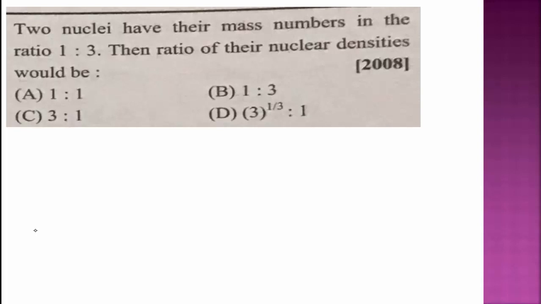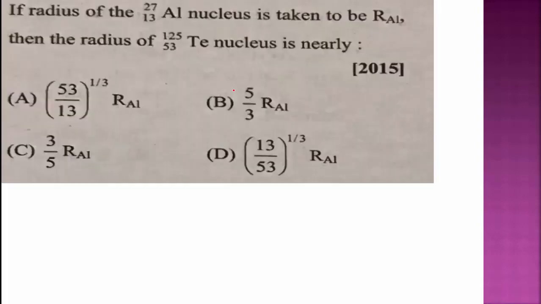Density is mass per unit volume. The mass is directly proportional to its volume. Then the ratio of their nuclear densities, here it is in the form of 1:1. Option B is the right answer.